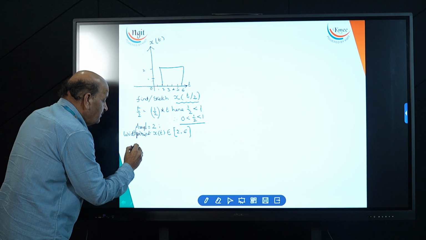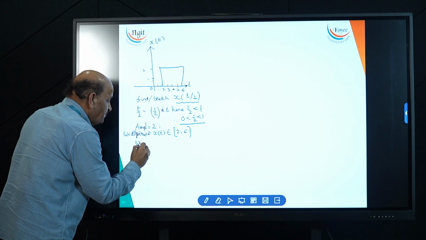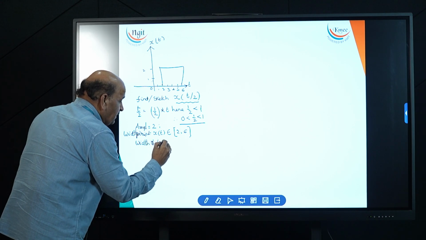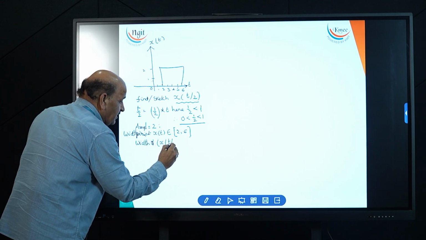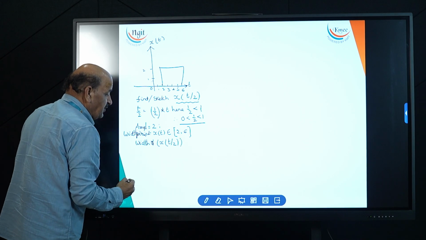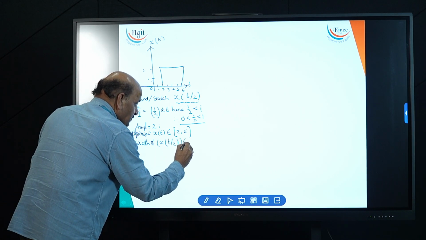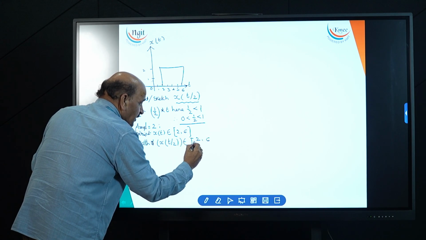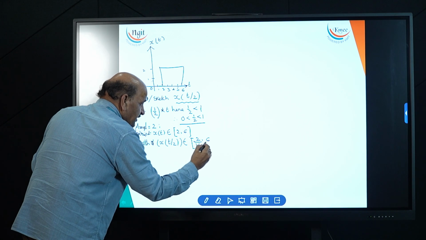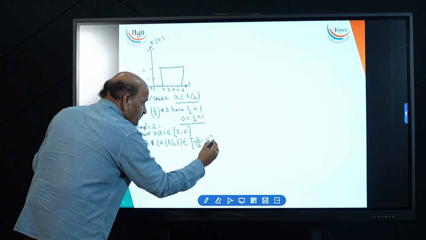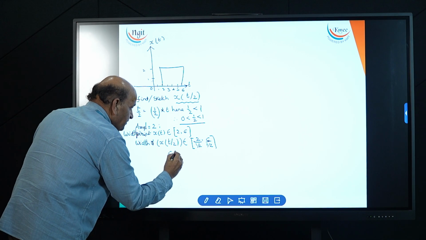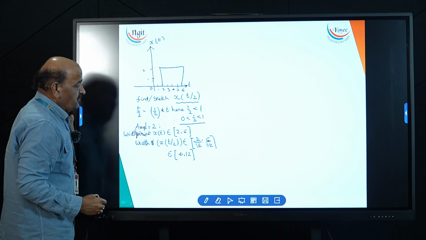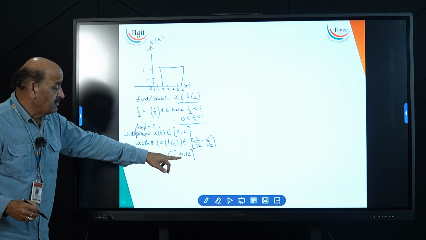Now the width of the x of t by 2 signal: in the previous case it was 2 to 6, and this is divided by 1 by 2. Therefore the width will be 4 to 12. Now the width of the new signal will be 4 to 12.